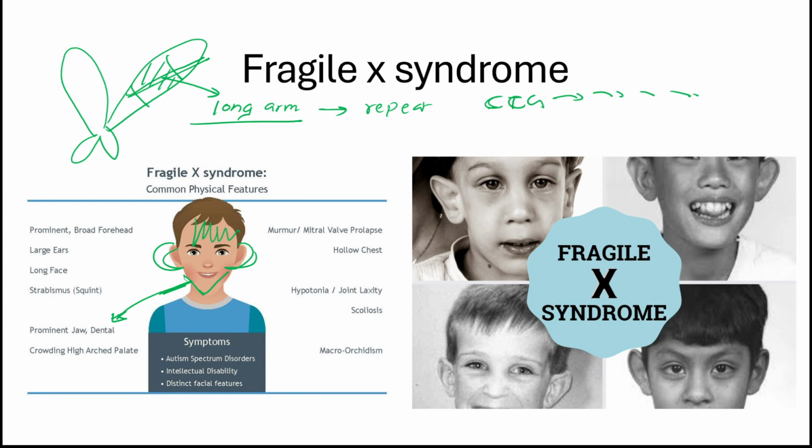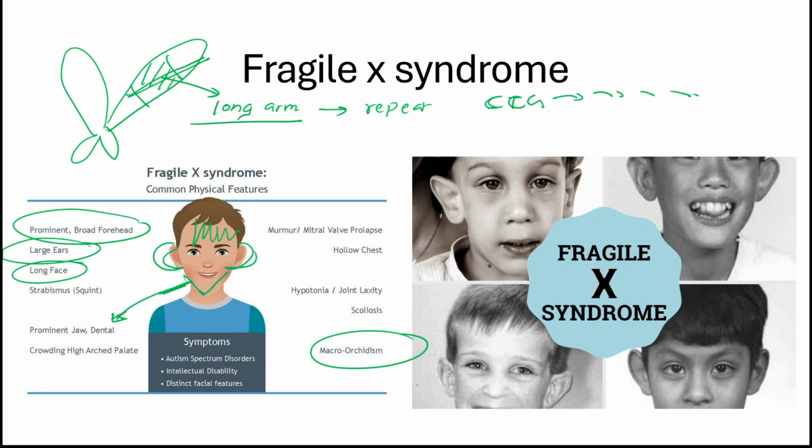So these are some things that you would see. Another important factor you should know is the presence of large testicles. They have macroorchidism. So these are few facts that you should remember. Broad forehead, long face with large ears, and prominent jawline.